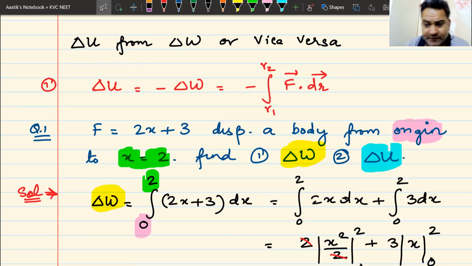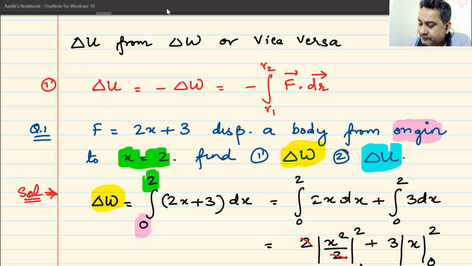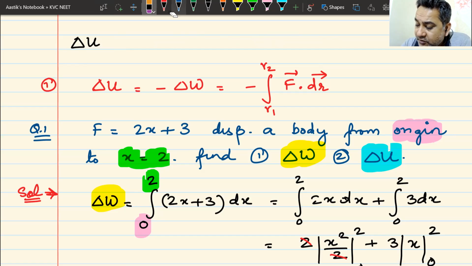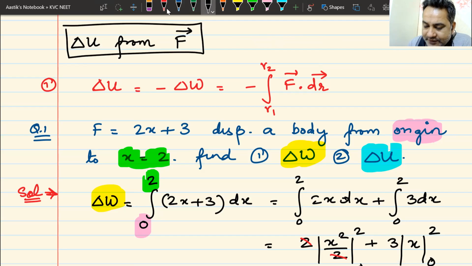Well, we are done with these two cases. In case number 1, what we had calculated, instead of writing it like this, I can just write it like this. I'm changing the heading now. Find out energy from force. If force is given, how do you find out energy? You integrate force.